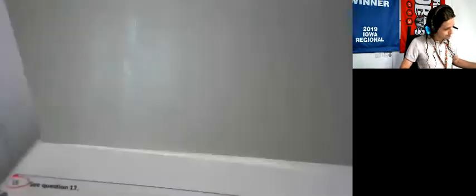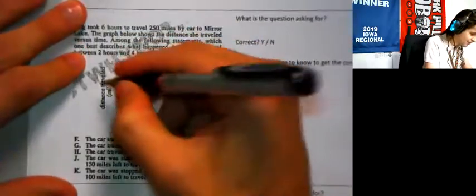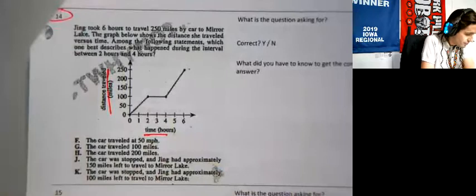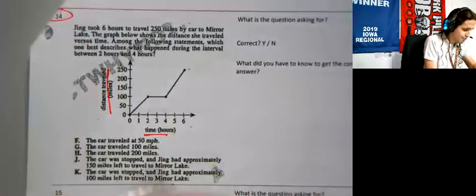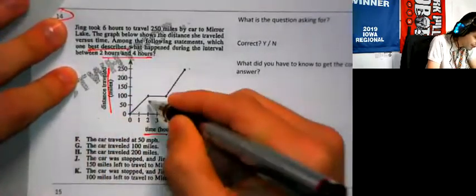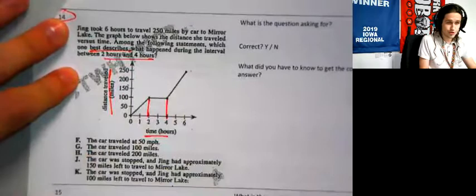One more for you, I think. 3 more for you. You're going to have these distance time graphs, and we saw these in science. All right, so we took a trip. Which one best describes what happened during the interval from 2 to 4 hours? 2 to 4 hours.